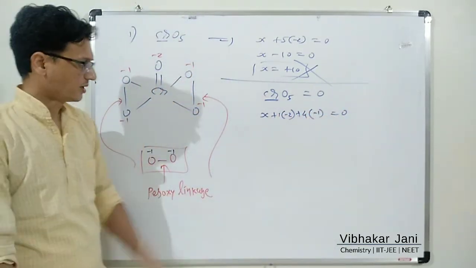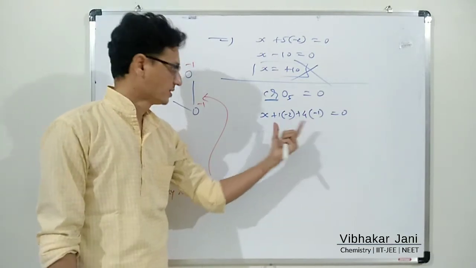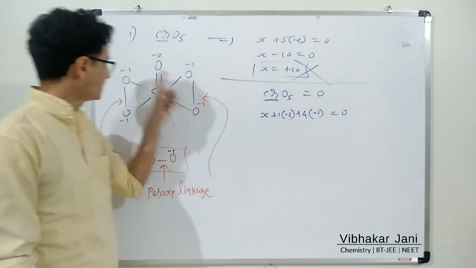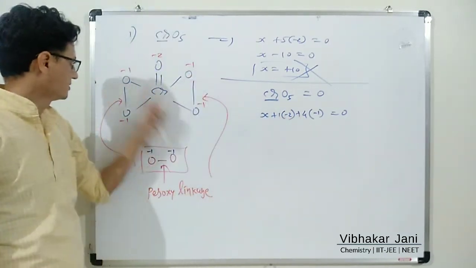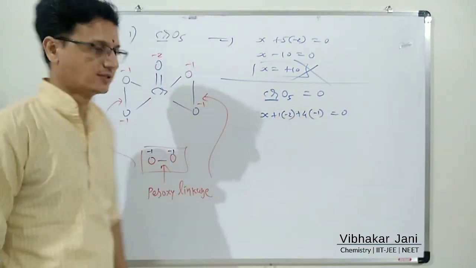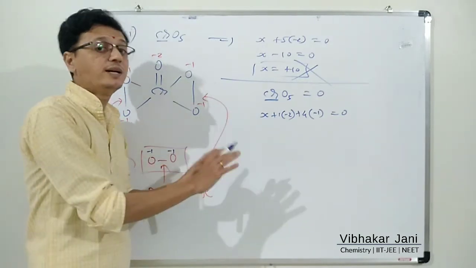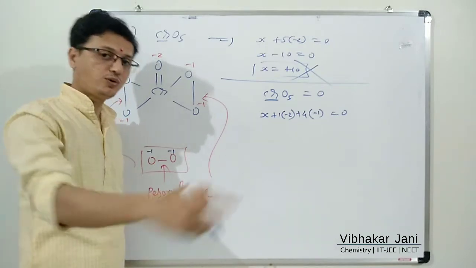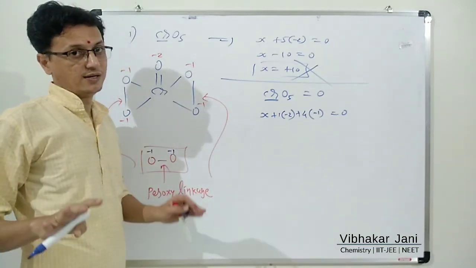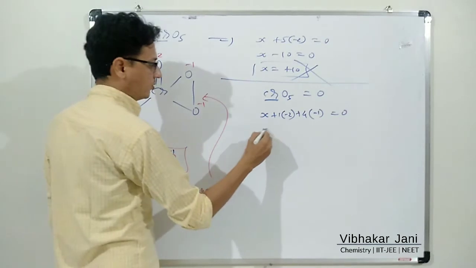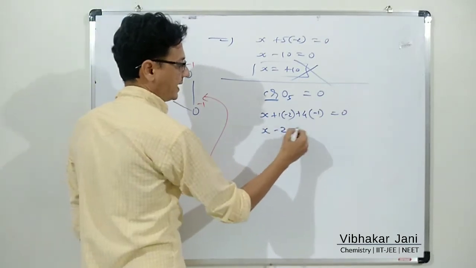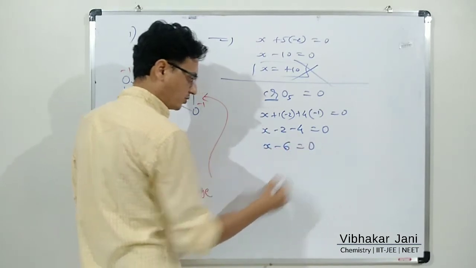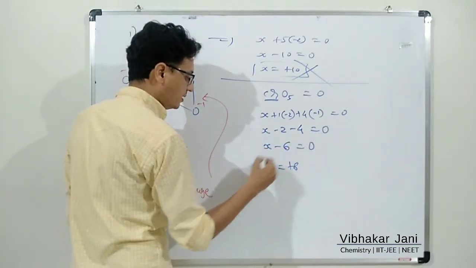So we have to write it like this, 4 plus 1, because we have two kinds of oxygen. This we can write only if we know the structure, and you have to remember this structure right now. Okay. Now x -2 -4 is equal to 0. So x -6 is equal to 0. So x will be +6.